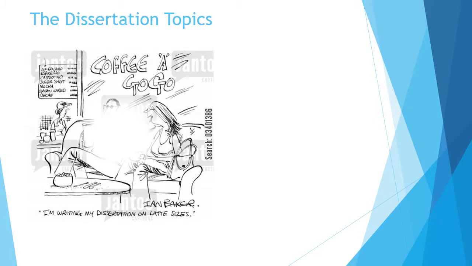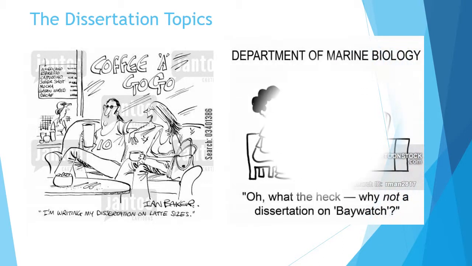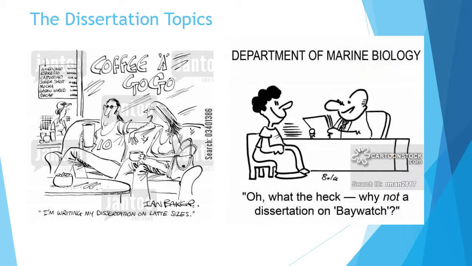So dissertation topics. Could you write a dissertation on latte sizes? Probably not. Number one, there probably wouldn't be a lot of literature on it. And exactly what would you be saying? What would you be contributing to the field of lattes by doing a dissertation on sizes? In the same respect, would a dissertation on Baywatch be appropriate, even in the Department of Marine Biology?